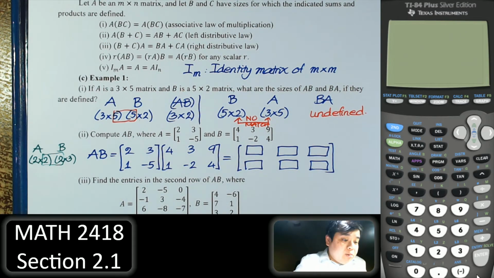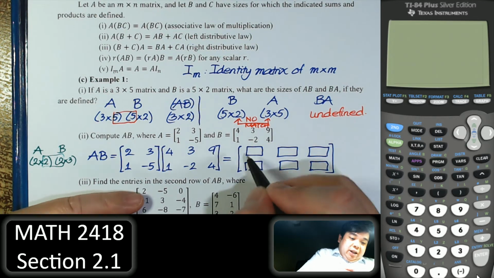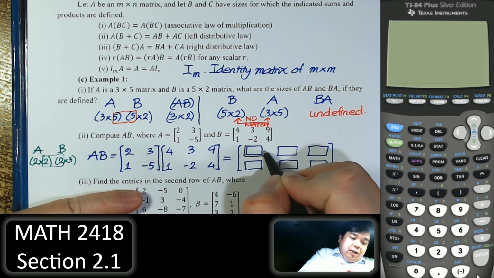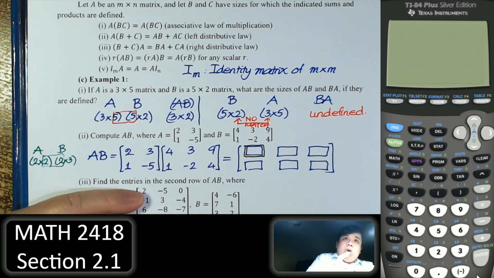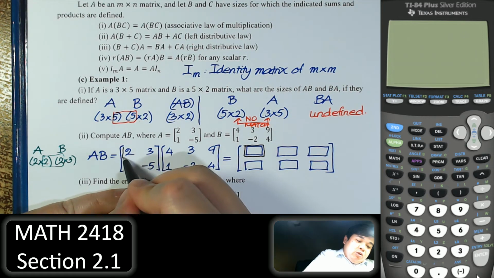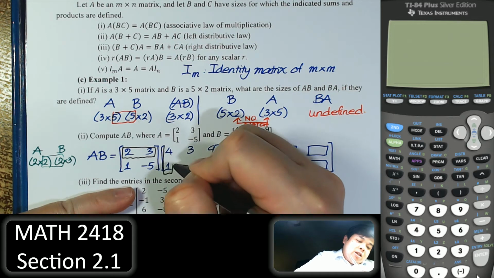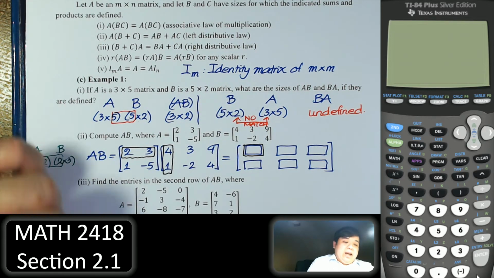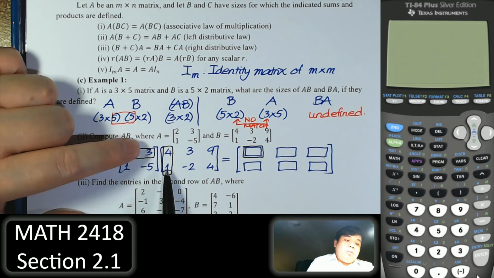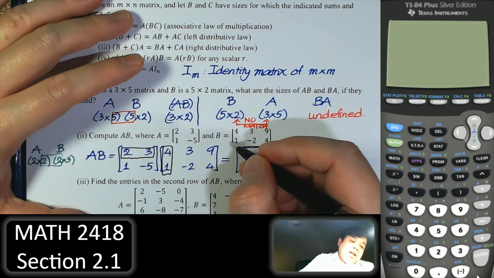Now we just perform the operation. Let's say we want this one on the first row, first column. So we use the row from the first matrix and the column from the second matrix. And we have 2 times 4 plus 3 times 1. That will be 11, right?